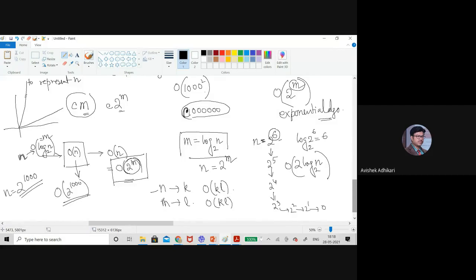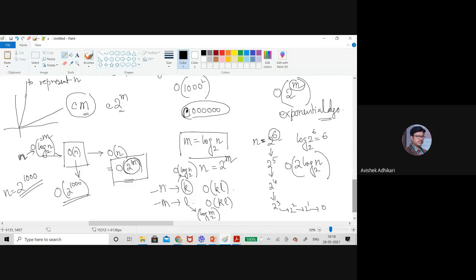So what should be the value of k? The value of k will be around log n base 2, and this is also log m base 2.